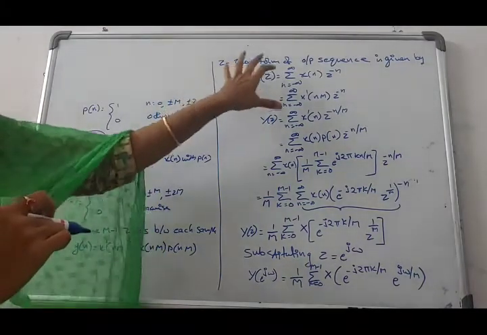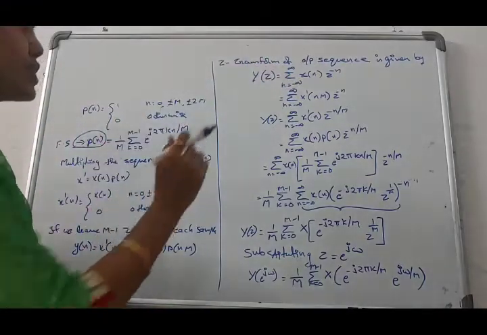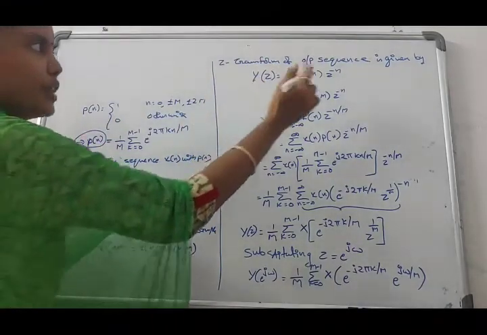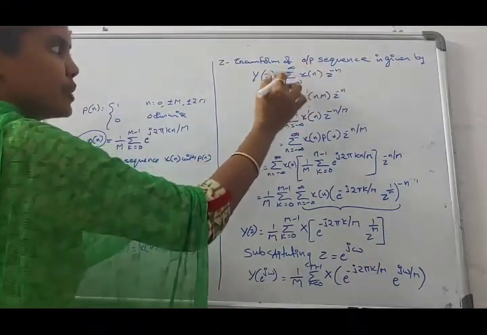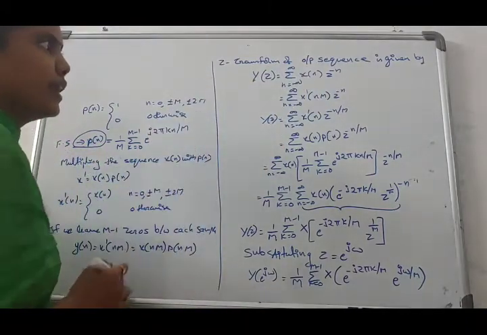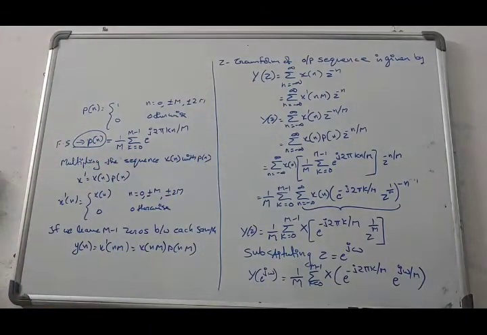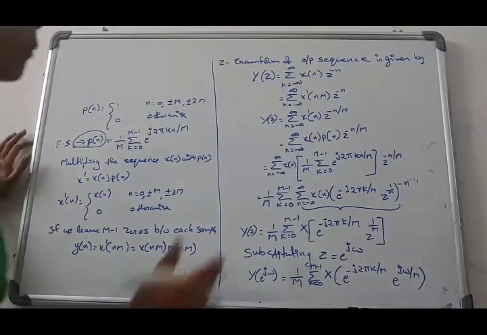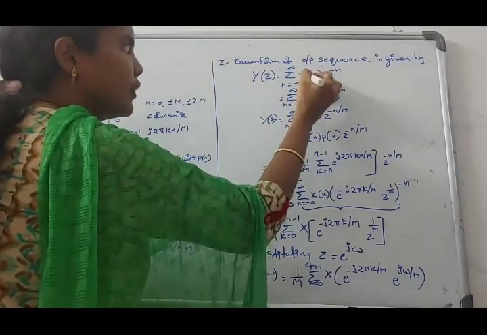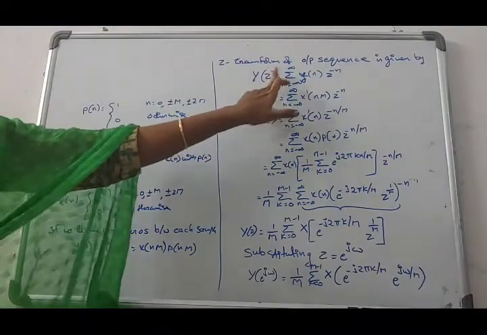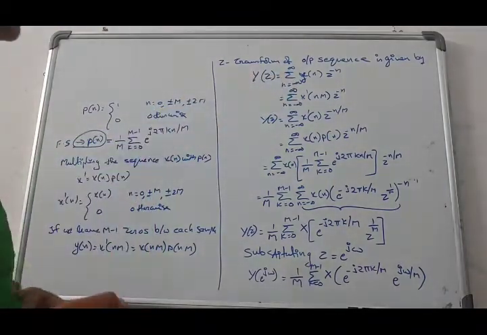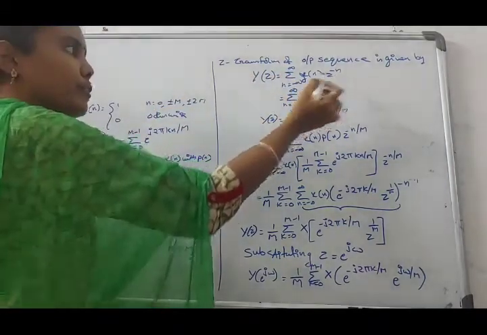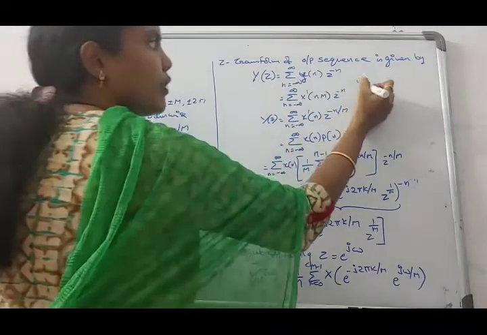Now the Z transform of the output sequence, which is represented as y of z, is equal to summation n equal to minus infinity to infinity x of n z power minus n. So y of n can be written in terms of this. Y of z is equal to summation n equal to minus infinity to infinity y of n z power minus n. So what is y of n?